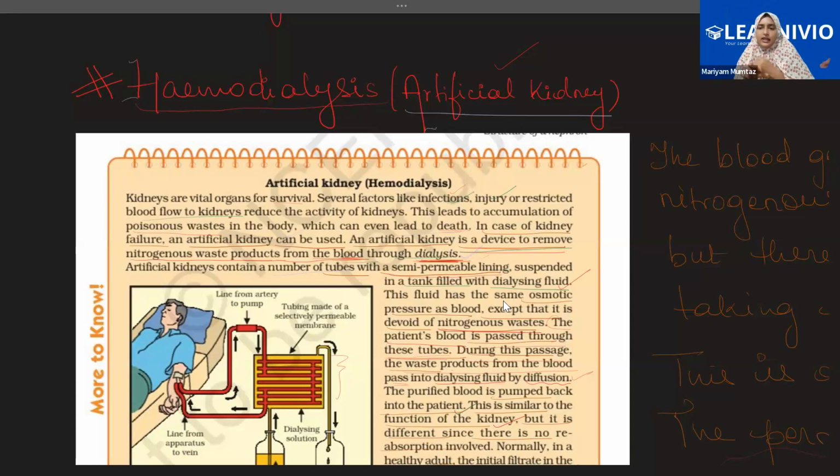It has all the plasma structures and everything, whatever is the composition of our blood is present in the machine, except for one thing, that is nitrogenous waste. Nitrogenous waste is not present in the machine.